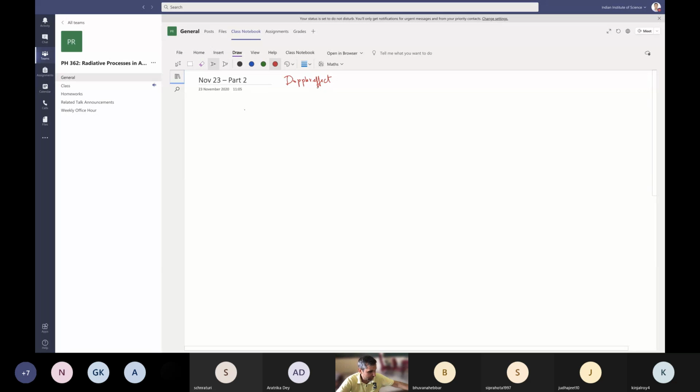Okay, so let's actually look at this setup. Let me draw something. Suppose there is some periodic motion, let's say cyclotron motion.